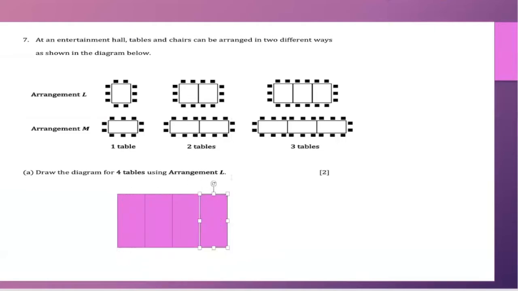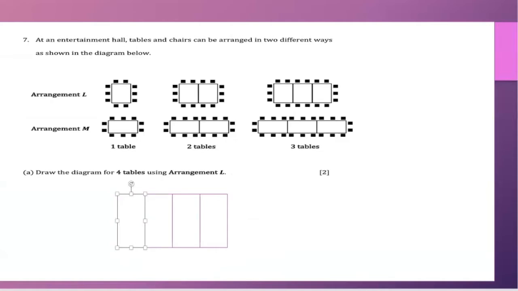What I'll do is make the inside white, so we can see the borders. So this is table 1, table 2, table 3, and table 4. For this arrangement, if you realize, we have two chairs on each rectangle, and that's the arrangement for L.